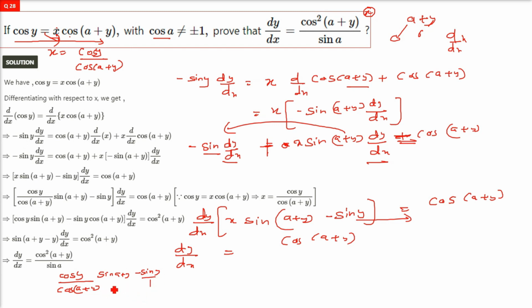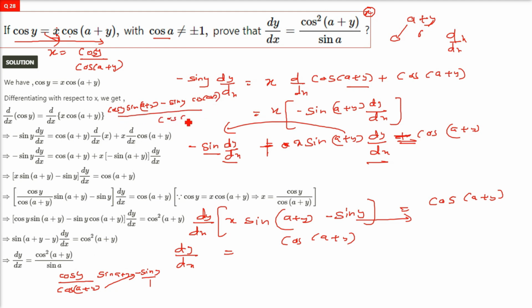Then we'll take it to the denominator. So let us take the LCM here. For the LCM, you multiply the cross with the negative and divide by the multiplication of the denominators. So cos y sin(a + y) minus sin y into cos(a + y), divided by cos(a + y).